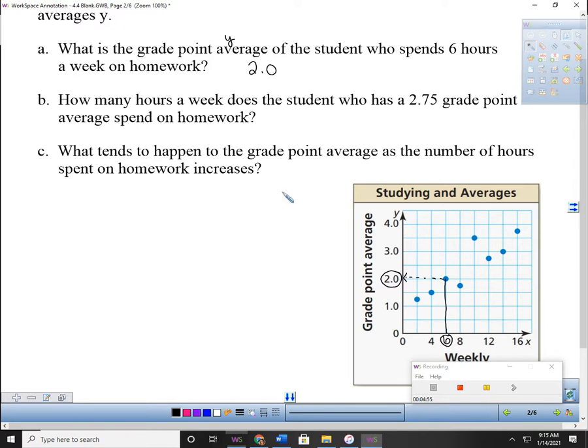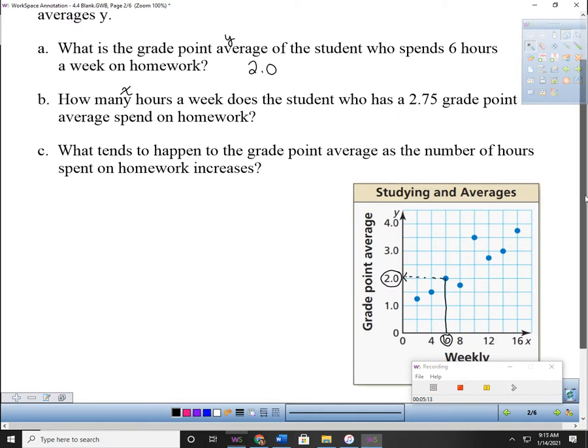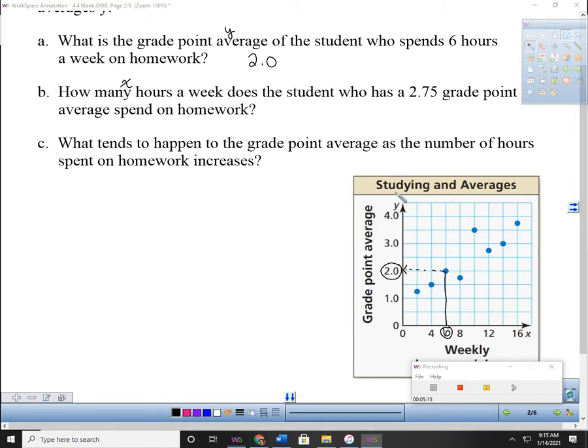Okay, how many hours a week? So this time we're looking for an X value, how many hours, so we're looking down here at the bottom. How many hours a week does the student who has a 2.75 grade point average spend on homework? So they're telling us 2.75. So that's like 2 3/4. Think of it in terms of money. Like if this is $2.25, this would be $2.50, $2.75, and $3, right?